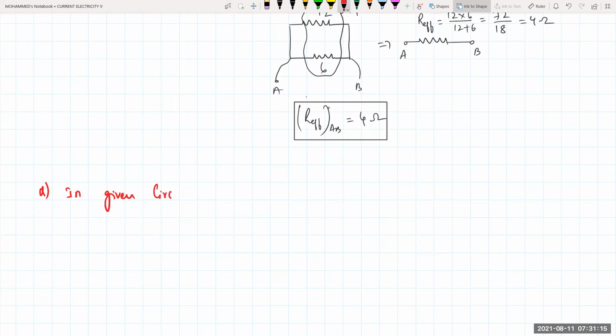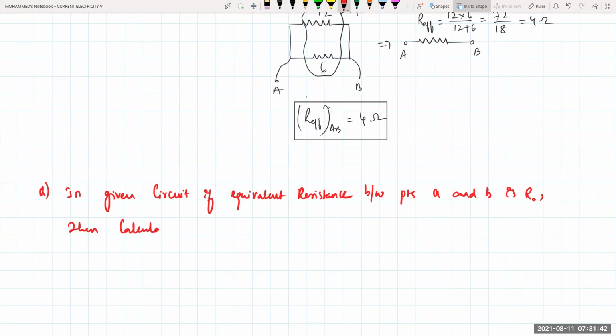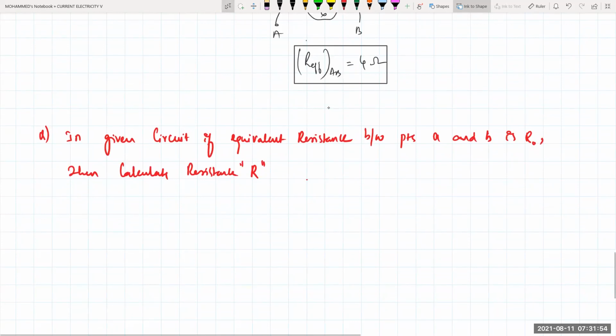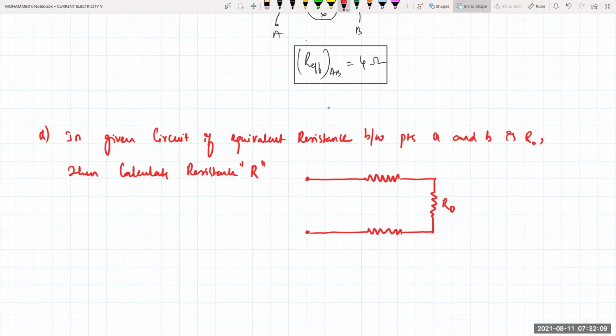In the given circuit, if the equivalent resistance between points A and B is R0, then calculate the resistance capital R. Okay, so this is the resistance given for R0.